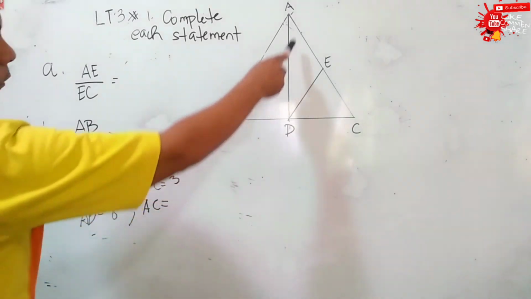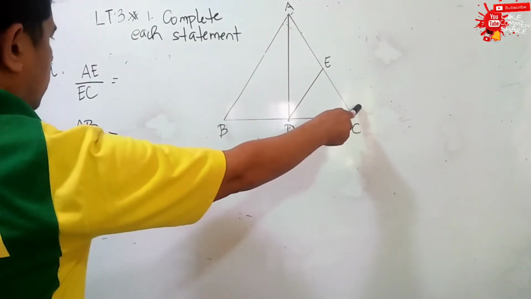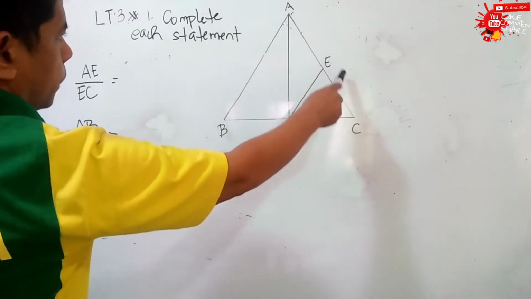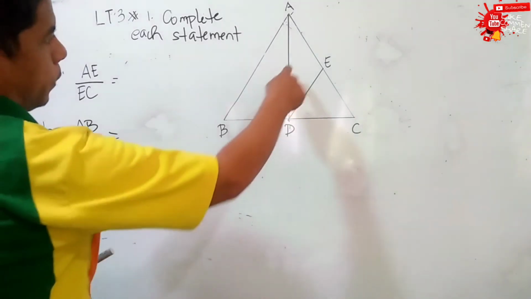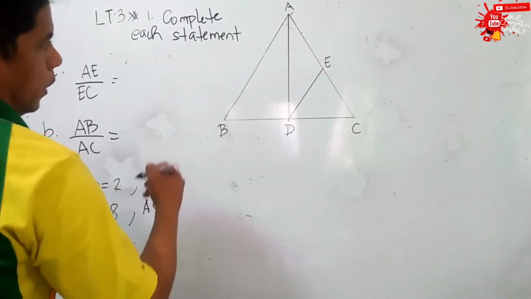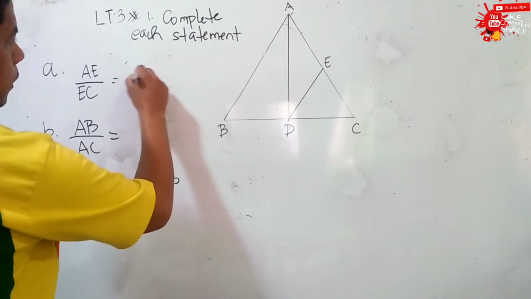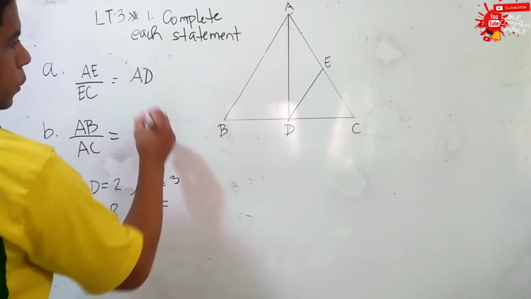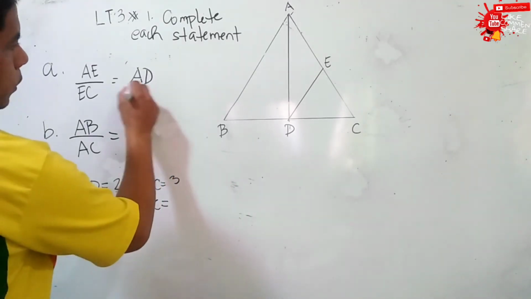AE correspond to EC. Okay? So, AE correspond to EC. So, ang ilalagay natin dyan ay pwedeng ito. AD correspond to BC.